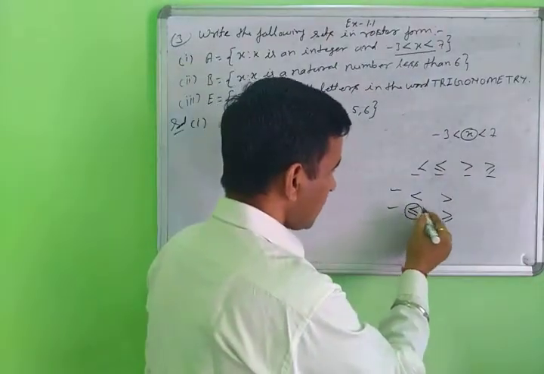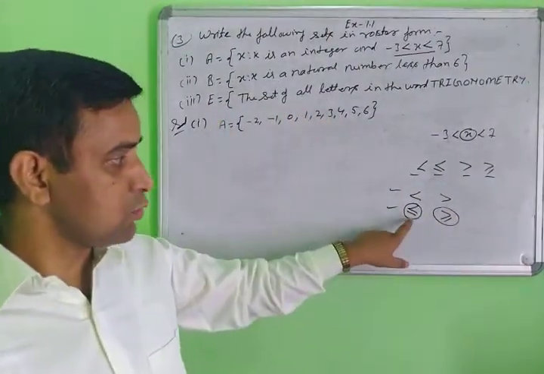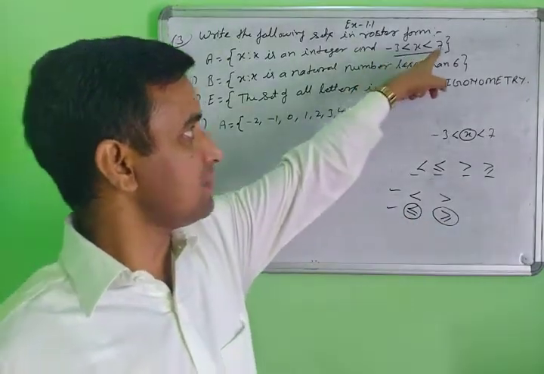An equal sign means including the ending limit. Suppose you are using the equal sign, then you use the ending limits also.